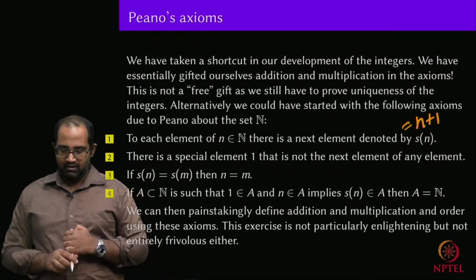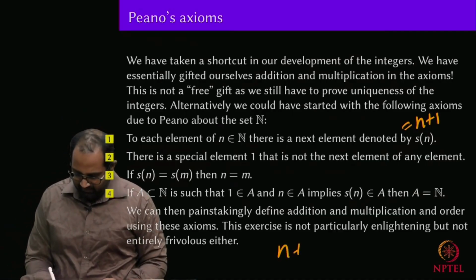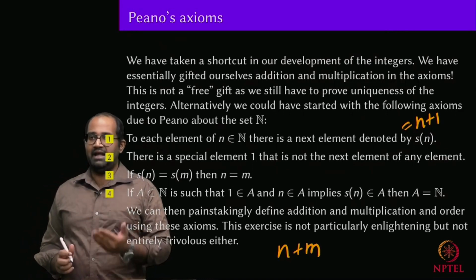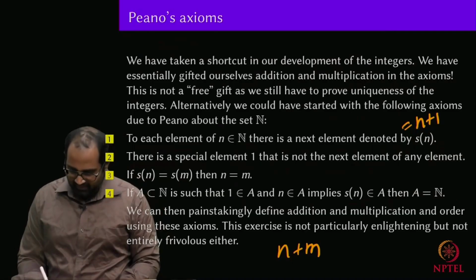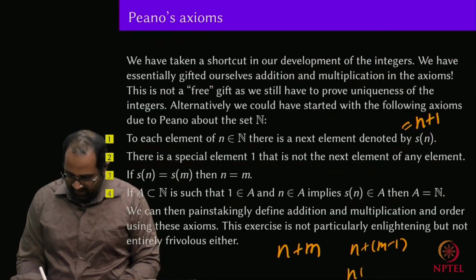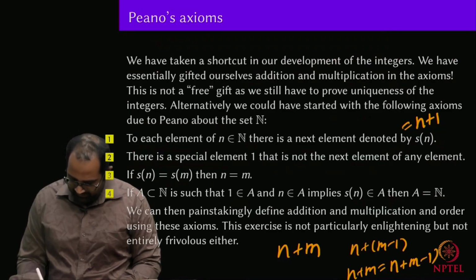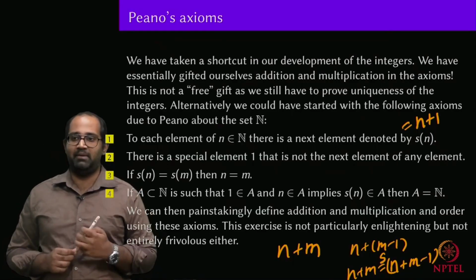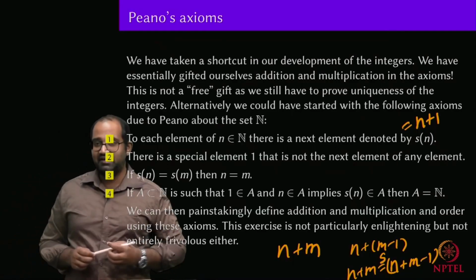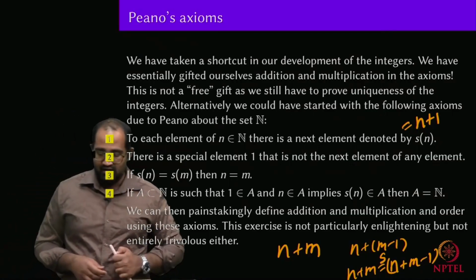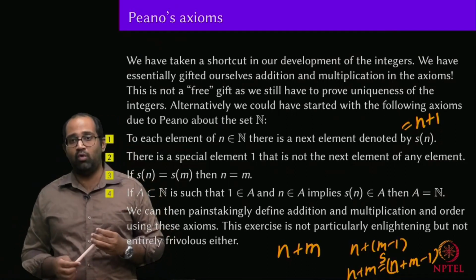So, as an example, if you want to define n plus m, you hold n fixed, you have already defined n plus 1, assume that n plus (m minus 1) is defined, then define n plus m as the successor of n plus (m minus 1). And then painstakingly prove from induction that this is defined on all of the natural numbers, then show all the properties.